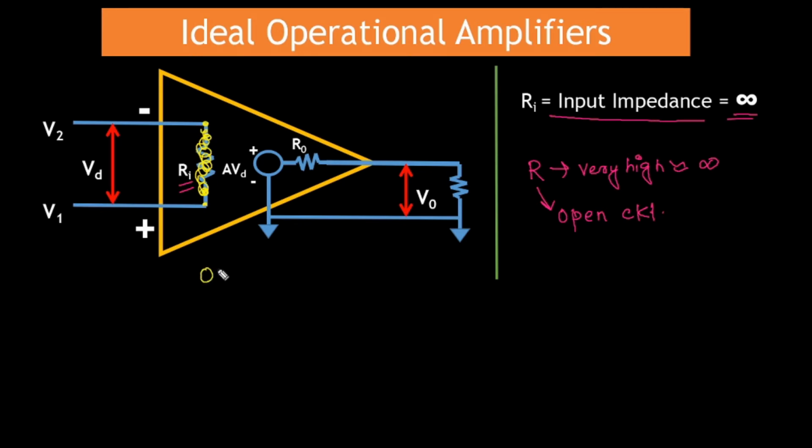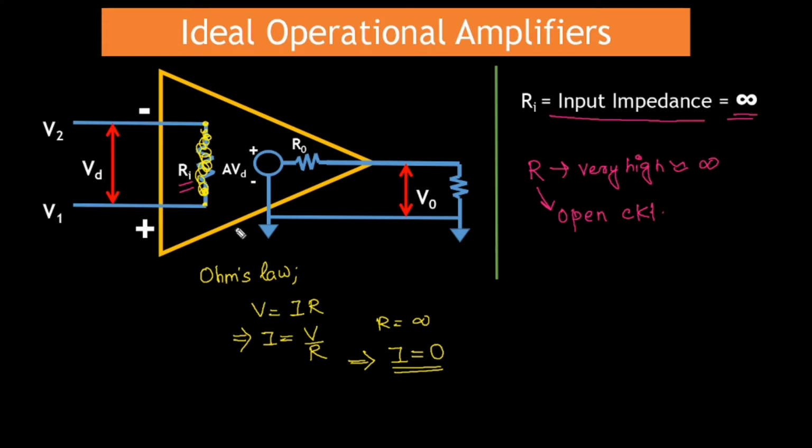Now according to Ohm's law, V equals I into R, which implies I equals V by R. If the value of R is infinity, the value of I is 0. So this basically means that when the value of Ri is infinity, there will be no current flowing, that is, the value of I will be 0.